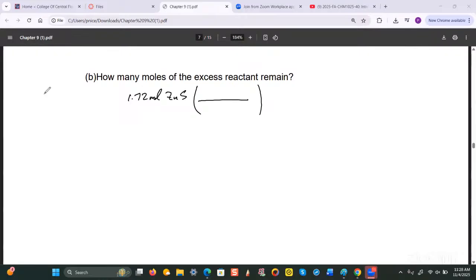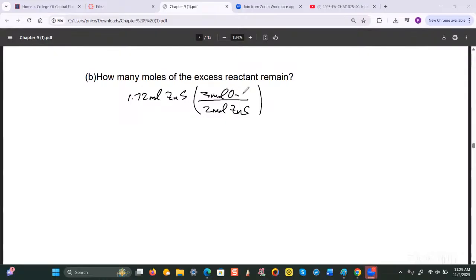Zinc sulfide? No, you mean 2 moles of zinc sulfide below. Okay, and what goes up above as a numerator? 3 moles of oxygen. Okay.